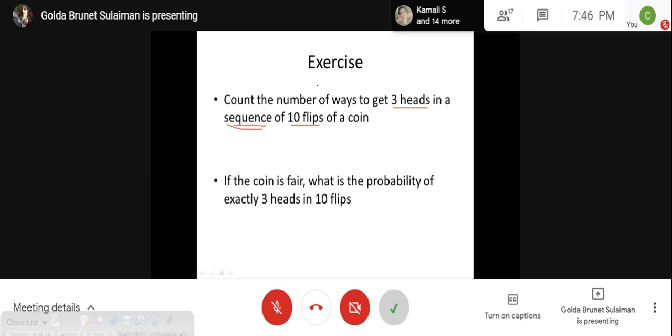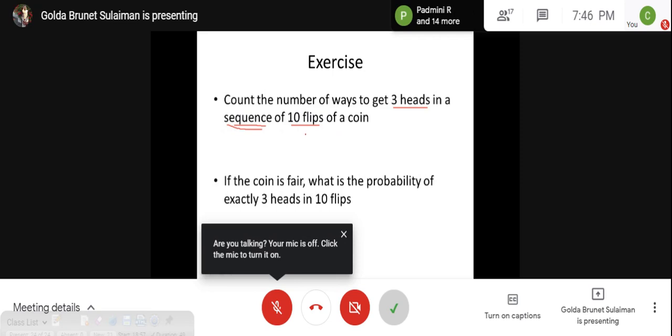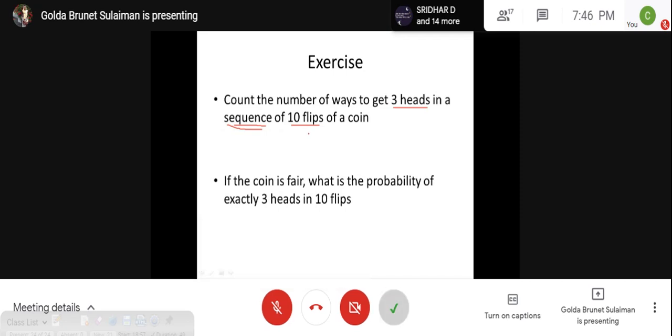head outcome. So I don't mind whether I get the head in 1, 5, 7 or 3, 2 and 4 and so on. I don't mind in which flip I get the head. All that I want is 3 heads.